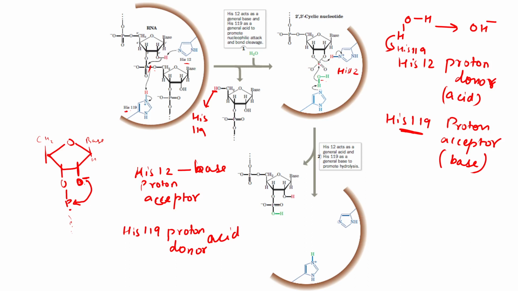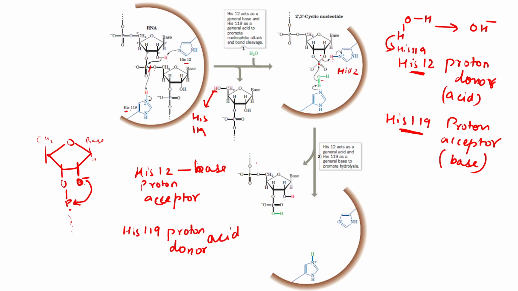Once OH negative attacks this phosphate, this bond will again break and this oxygen will accept the proton that is there with histidine 12. So the proton that histidine 12 had taken in the first case, that proton will be given back to the oxygen in the second step.